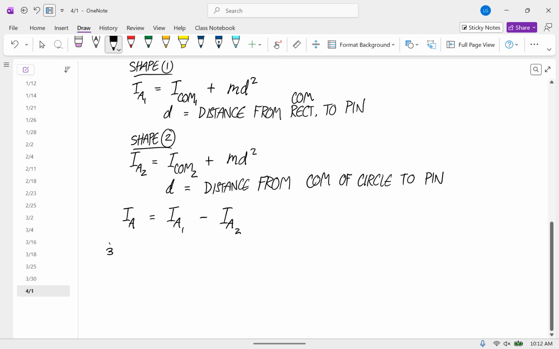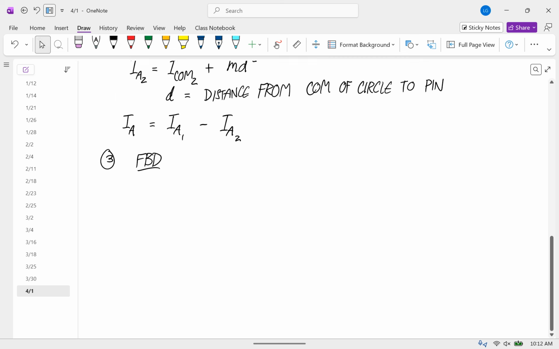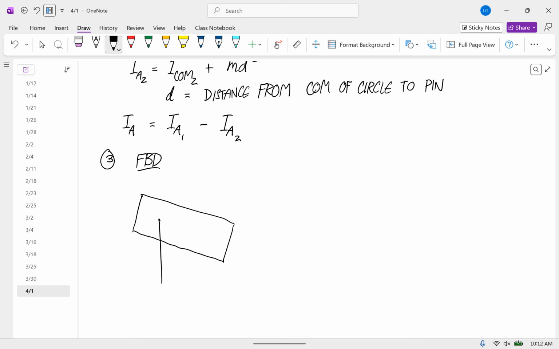And then we have the free body diagram. We have a weight force here, so to calculate that weight force, you need to figure out where the center of mass is. And this is mass times 9.81.